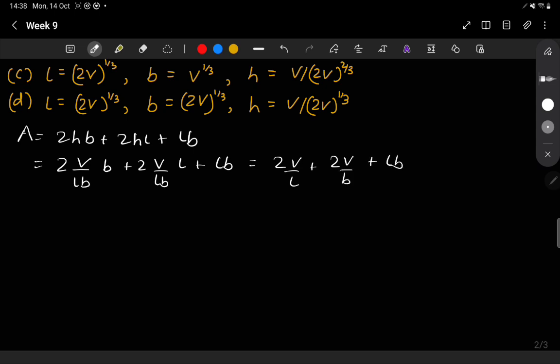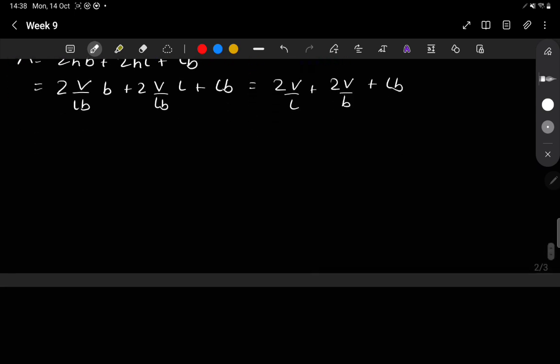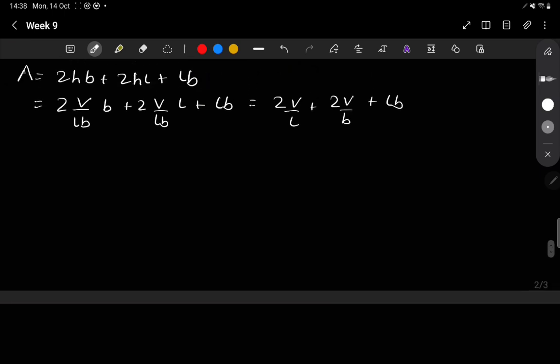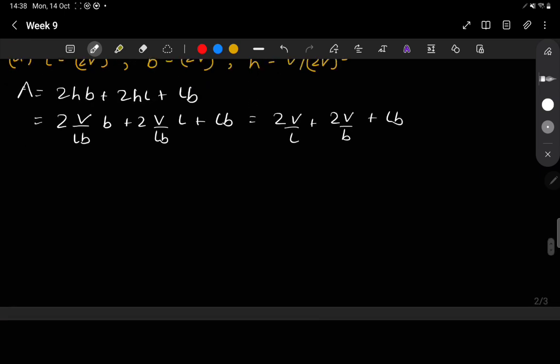So we have eliminated the variable H and written everything in terms of V, L and B. V is a constant. So now this is a function of two variables, which are L and B.